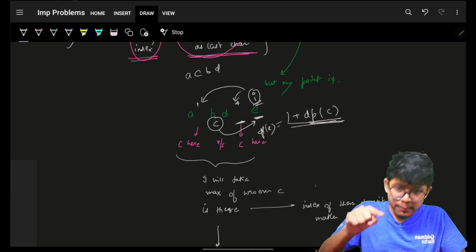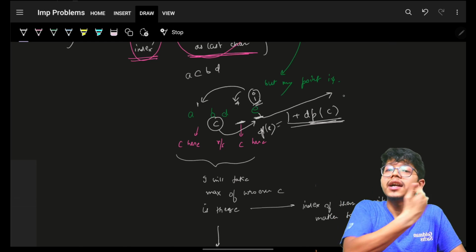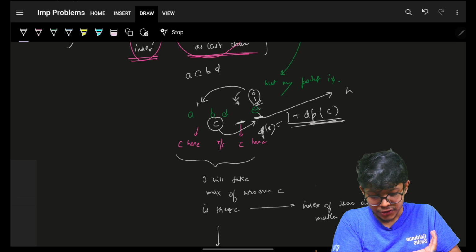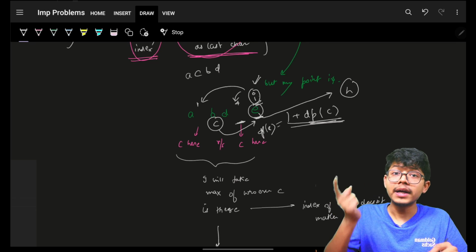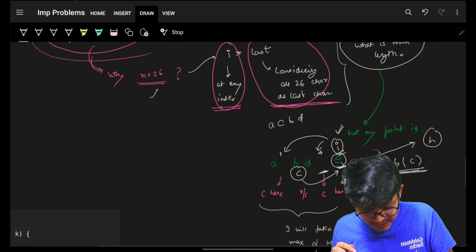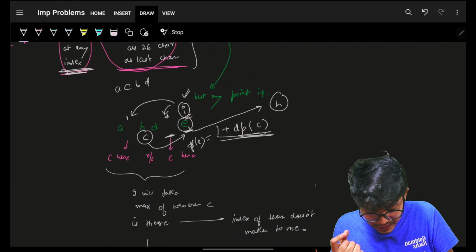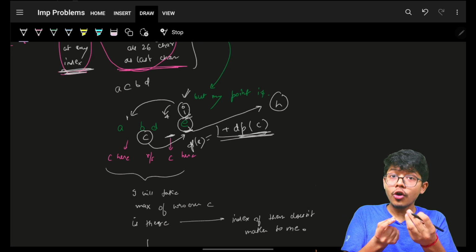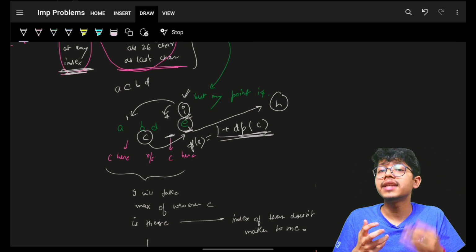And the same way, this E will be used further for any other character, let's say H. I will use this E for my H. I don't need the index of my E altogether. I would only need the maximum length contribution for a specific character, and I'll try to maximize that every time.